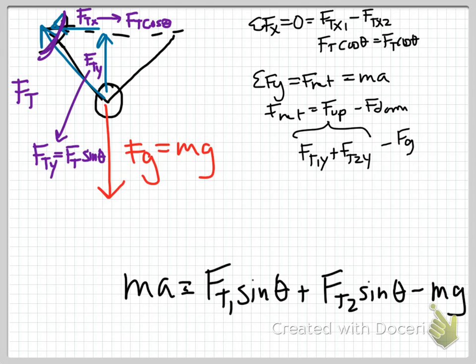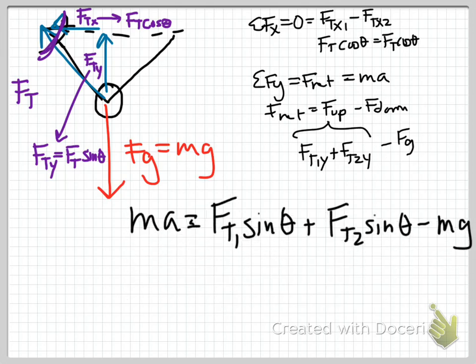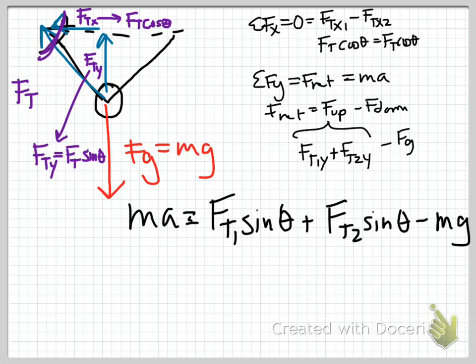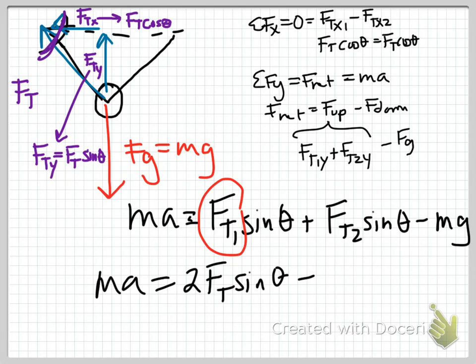Okay, so I'm going to move this up. And I'm solving for ft. One thing I know is that those ft's are equal, so ma equals 2 ft sine theta minus mg. This is where I very commonly see a weird algebra mistake, and people forget the order of operations.